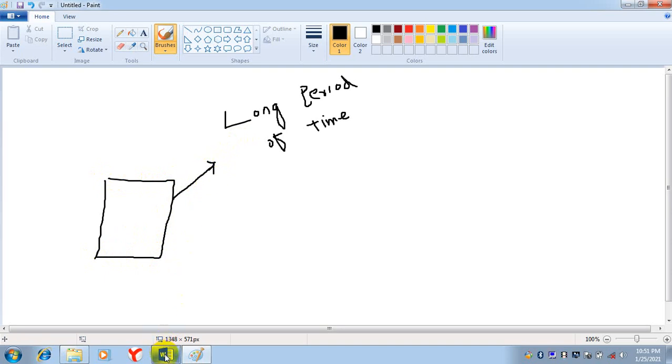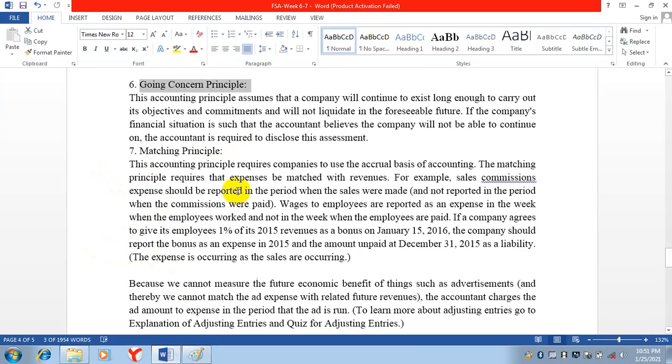This is called the going concern principle. This accounting principle assumes that a company will continue to exist long enough to carry out its objectives and commitments and will not liquidate in the foreseeable future. That there is no aim that we will liquidate the business in the coming years.